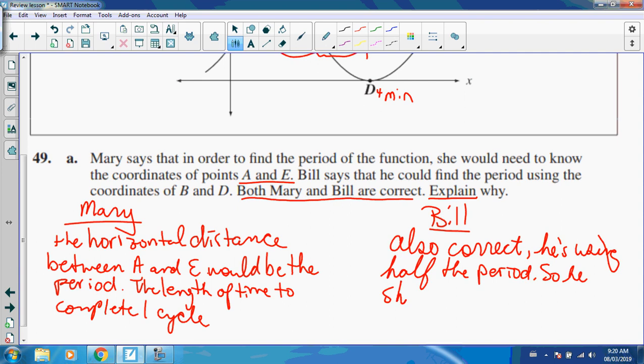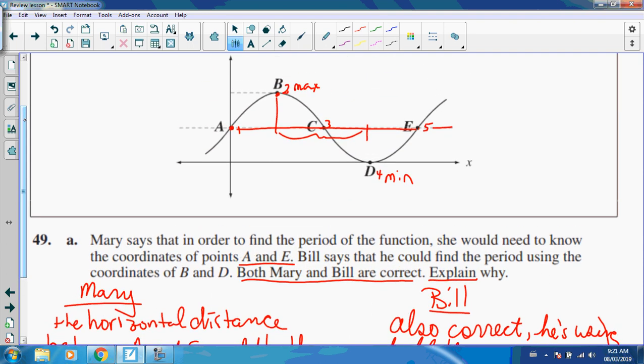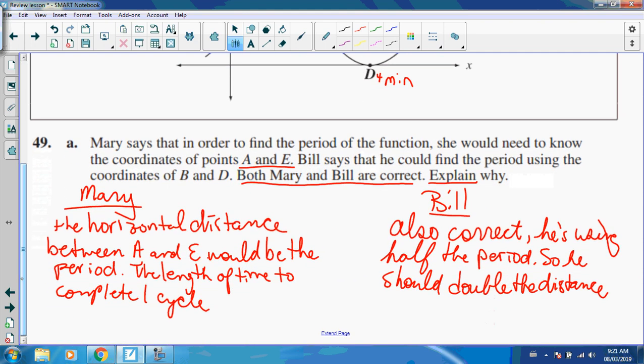So he should double that distance. And that's true when we measure the distance between a maximum and a minimum. This is half the distance. And you can even kind of see here, right? We've separated it into like 1, 2, 3, 4 segments, and Bill has 2 of those 4. So that idea of measuring between the max and the min horizontally should work as well. All right, that's it.